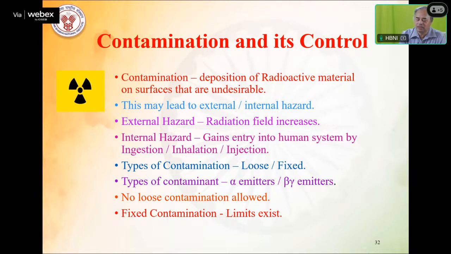If an alpha source goes into your body, your organs are continuously at risk, continuously getting a dose. What are the types of contaminants? It can be alpha emitters, it can be beta-gamma emitters. Fixed contamination, of course, has limits. Within those limits, if you are there, it is all safe.